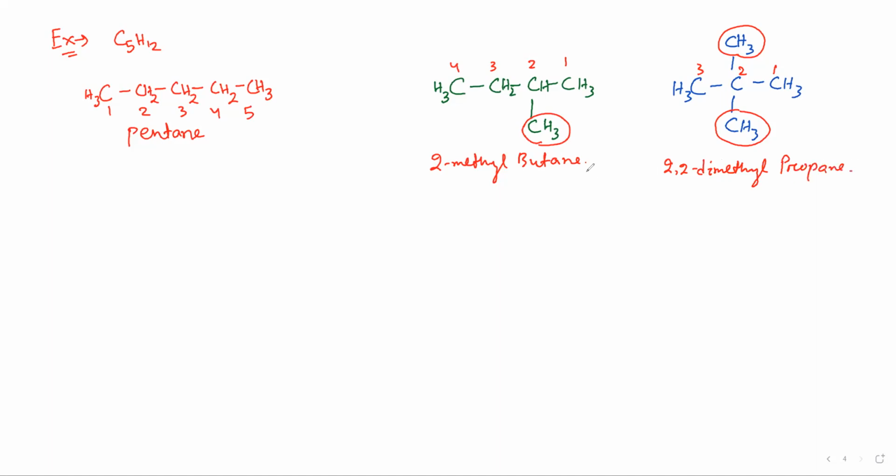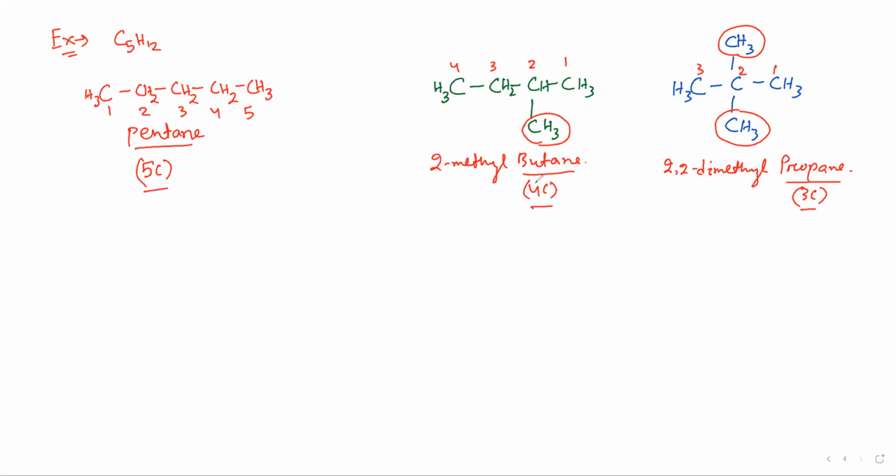So see, here you have the word root pentane, here you have the word root butane, here you have the word root propane. So it is 3 carbon system, this is 4 carbon system, this is 5 carbon system. So chain length is varying or not? Main chain is of 5 carbon, main chain is of 4 carbon, main chain is of 3 carbon. So carbon chain length is varying or fixed?